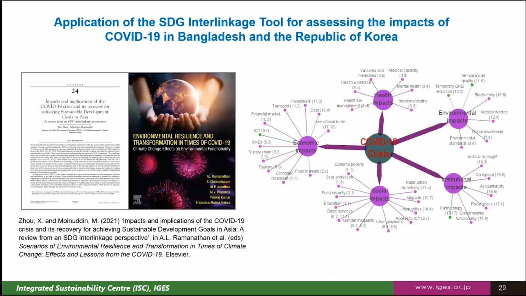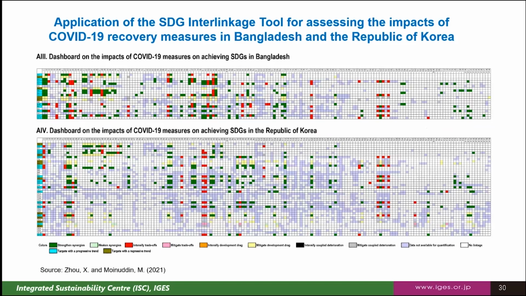In this work, by using the SDG interlinkages analysis, we assessed the direct and the derived impacts from COVID-19 in 5 aspects, including the health dimension, economic dimension, social dimension, environmental dimension, and institutional dimension. Further, we used the SDG interlinkages tool to assess the impacts of the recovery measures proposed by the country to address COVID-19 impacts.